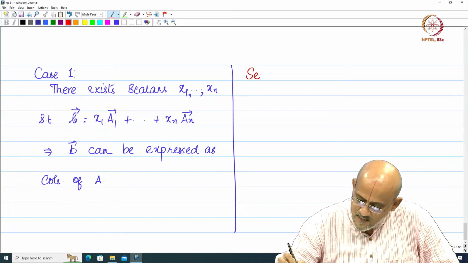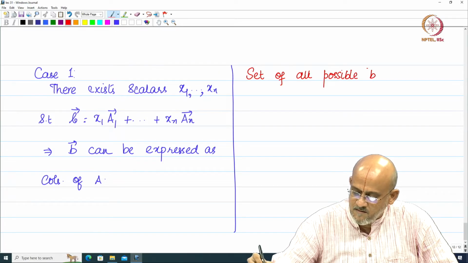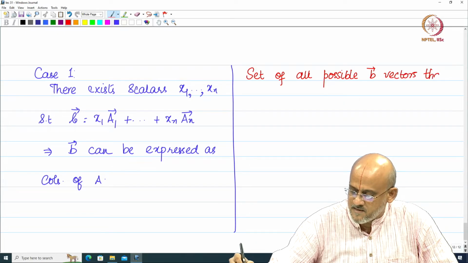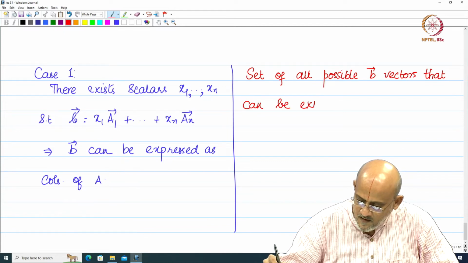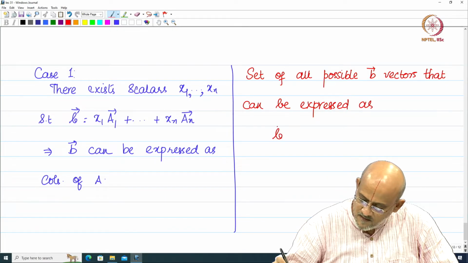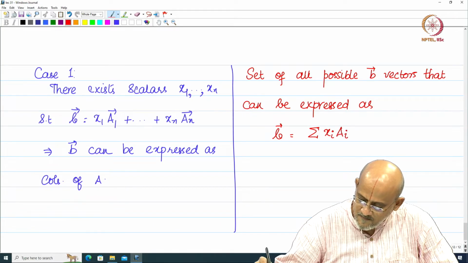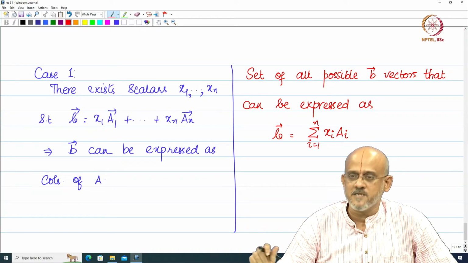We are going to look at the set of all possible B vectors that can be expressed as B is equal to sigma xi ai, i is equal to 1 to n, right. I want to look at this collection of all possible B vectors.